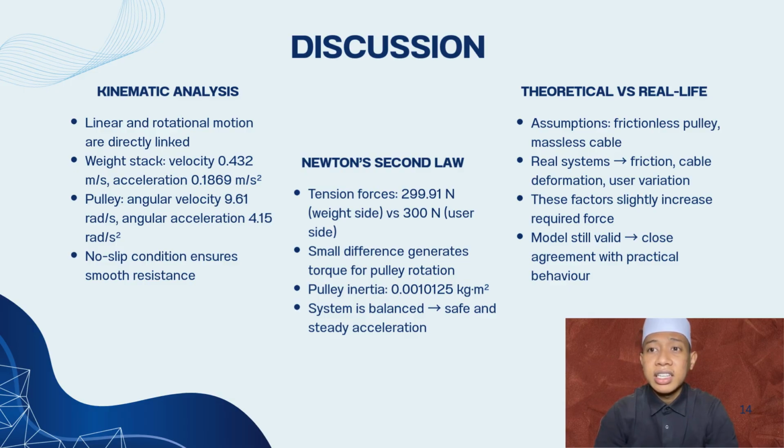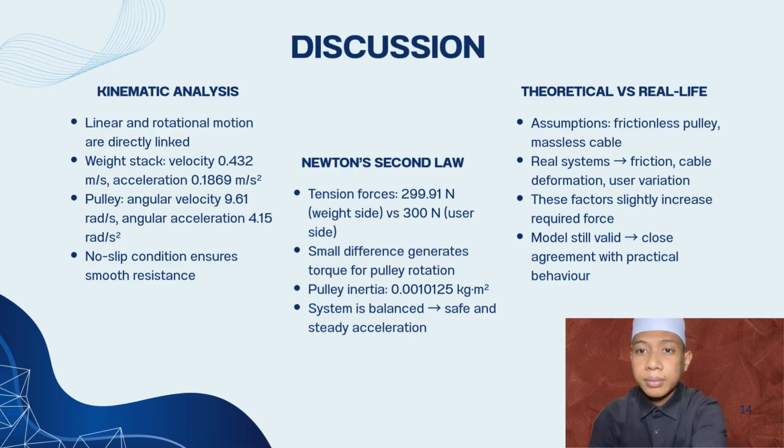However, the theoretical prediction remains close to expected practical behavior, validating the rigid body model used in this study. This shows that simplified assumptions can still provide reliable insight into system performance, while engineers must remain aware of real-world deviation. That's all for me.